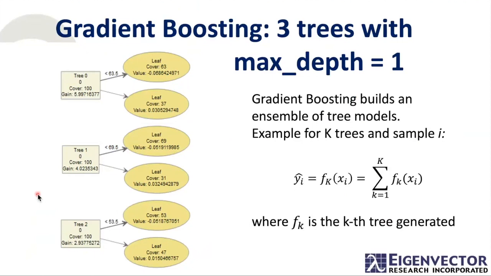In the end, that would guard against overly complex models and potentially overfitting. The other parameters that come into play are the number of trees that you include in the ensemble, called the number of rounds of tree development. And there's also a parameter called eta, which is a learning rate, which says how much each subsequent tree that you add to the ensemble is going to influence the final solution.